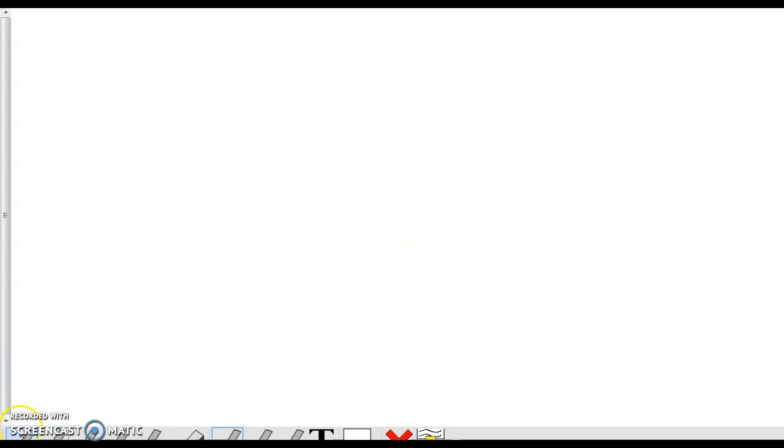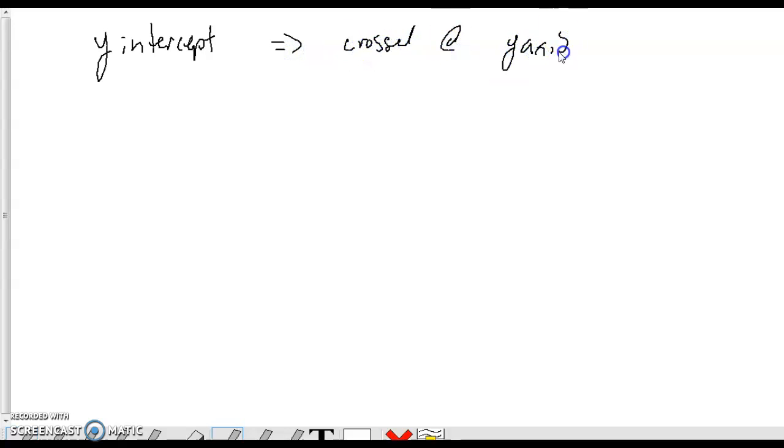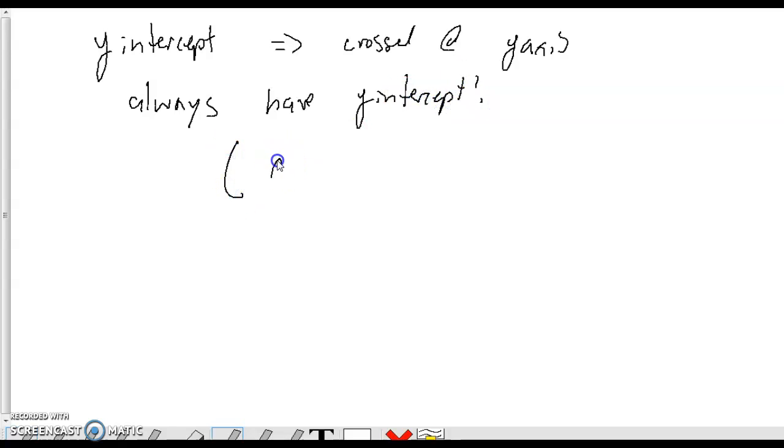Okay? Not only do I have x-intercepts, but I will always have a y-intercept. So again, a y-intercept, if we forget, is where it crosses that y-axis. You will always have a y-intercept. Yay! So your y-intercept is always going to be 0, comma, some number.